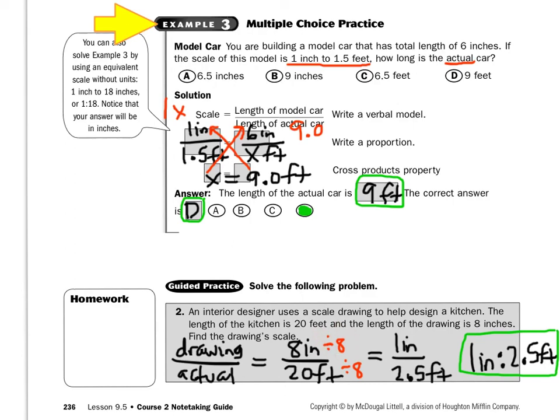So that means I'm going to divide both the top and the bottom by 8. So I get 1 inch equals 2.5 feet, so that's my scale, 1 inch compared to 2.5 feet. Okay, and the movie clue this time, I want you to write where I told you earlier to write it, and I want you to just write the words Hot Wheels, because Hot Wheels are a great example of a scale model.